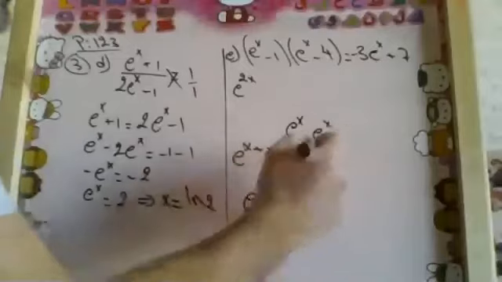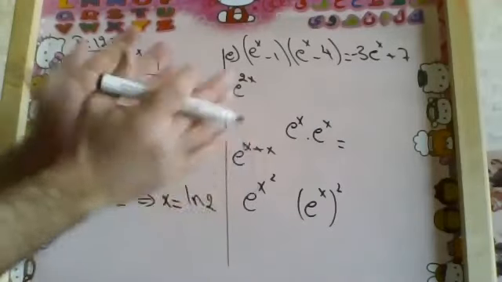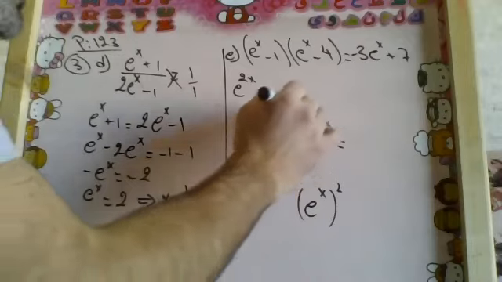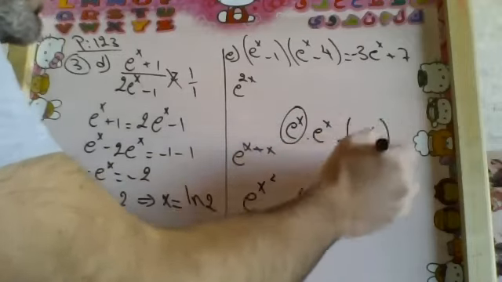When you multiply a number by itself, it means this number to the power 2. What is this number? It is e power x. So e power x, all of it, to the power 2.